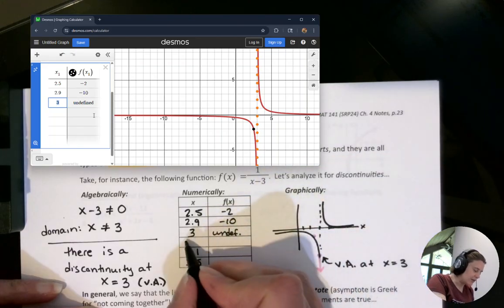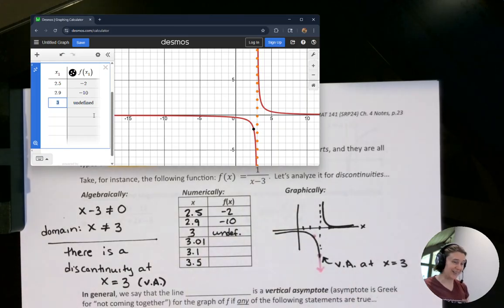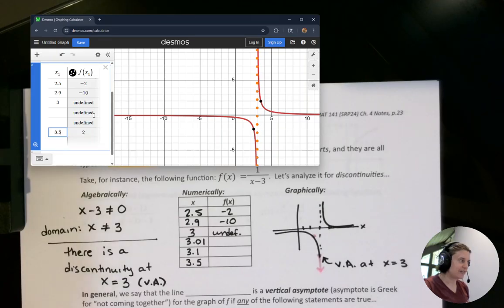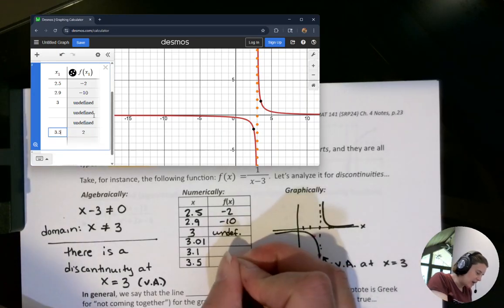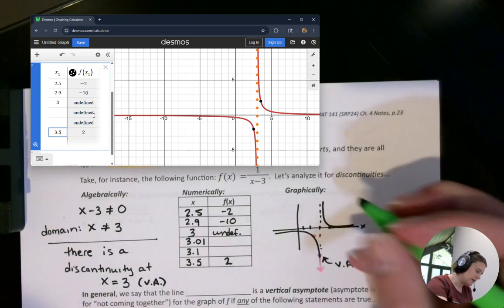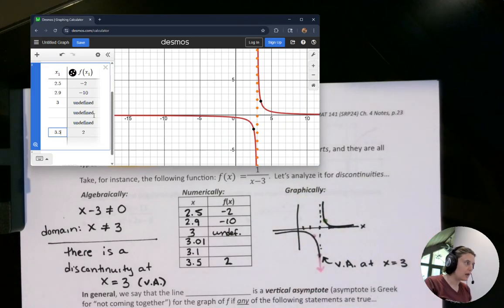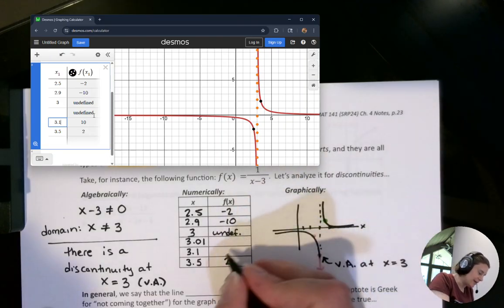And I can get even closer and do 3.01. Now it's a 100th away. We're going to get a really big value. So if we start at 3.5, we similarly have that height of 2. So that value is maybe roughly here-ish on my graph. And then I got closer, so I went to 3.1, and this value is 10.